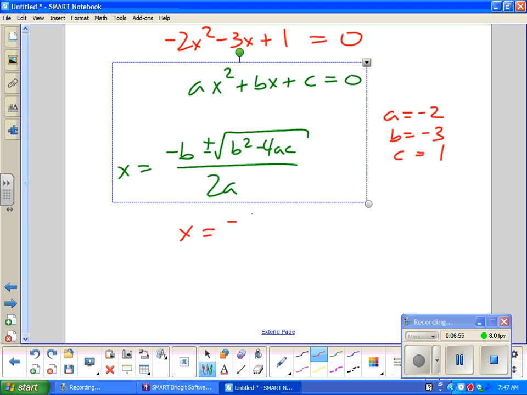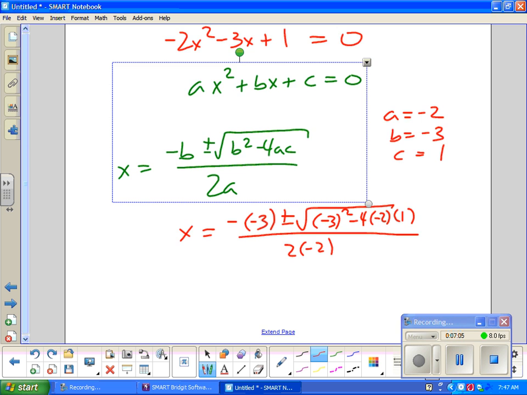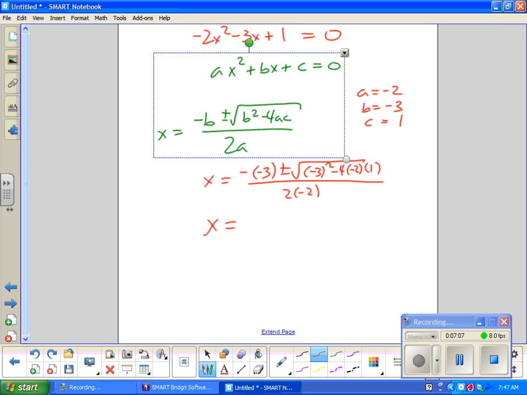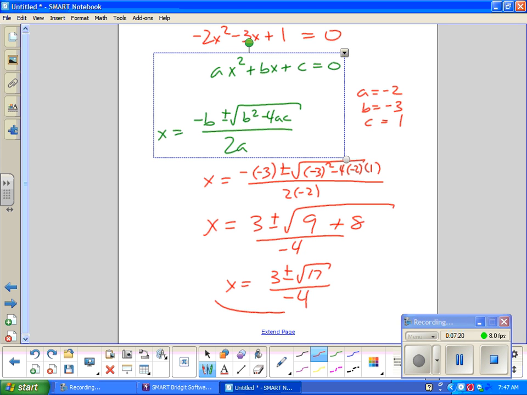So again, negative b, which is negative 3, plus or minus the square root of b squared minus 4ac all over 2a. And I get 3 plus or minus the square root of 9 plus 8 all over negative 4. And I get x equals 3 plus or minus the square root of 17 all over negative 4.